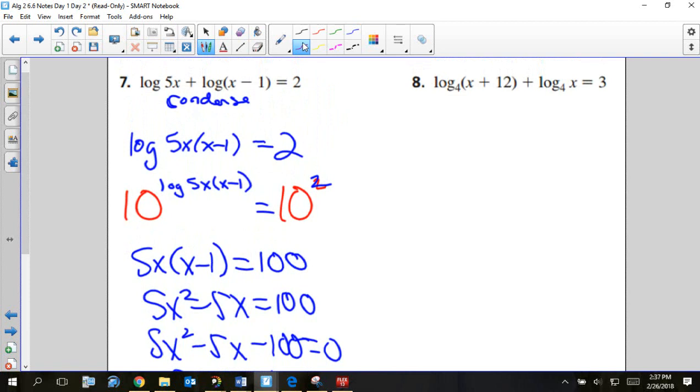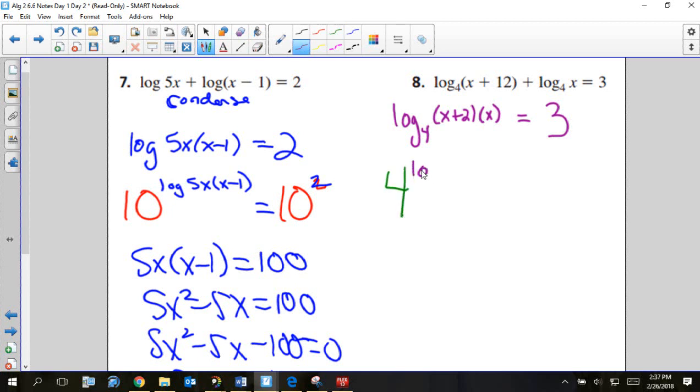So same question. Do we have 2 separate logarithms? Can't. So what should we do? Condense them. So we're going to have log base 4 of x plus 12 multiplied by x equals 30. So now what would be my next step? When you cancel the log, how? 4 to the. We're going to exponentiate with a 4.